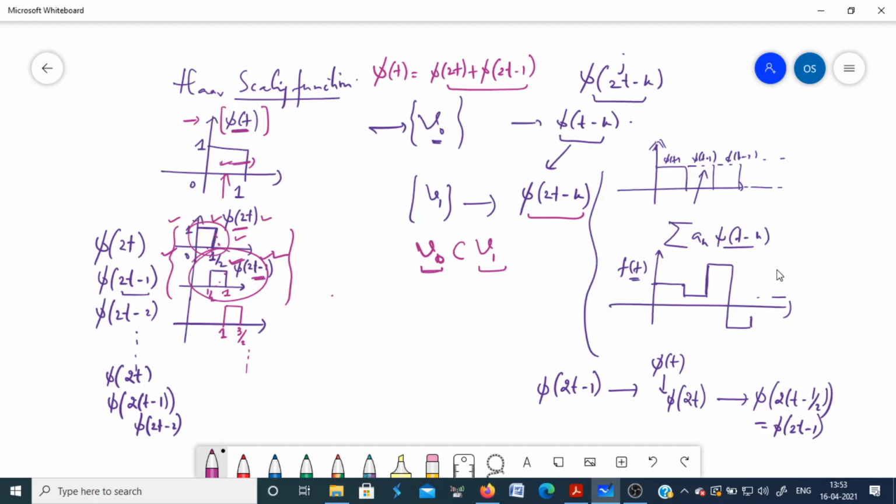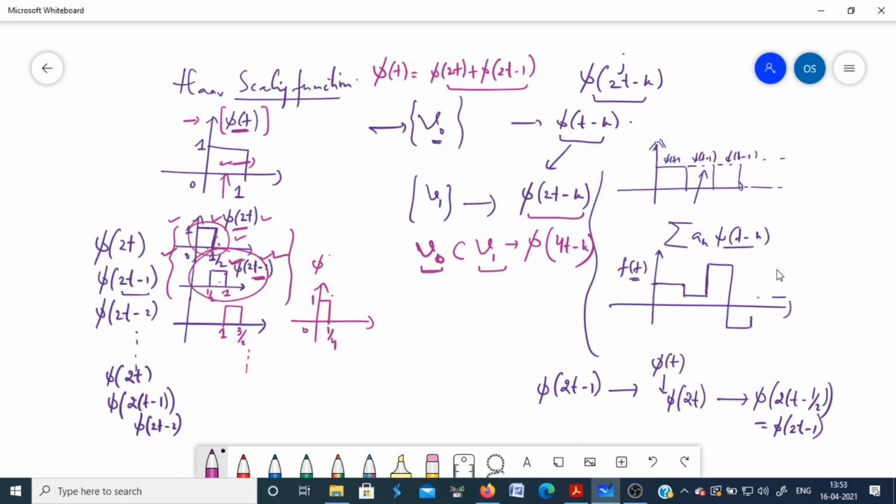And similarly, if you change the scale now, if you go to a scale of 2, you have phi of 4t minus k. So phi of 4t minus k means that now this scaling function is compressed by, no sorry, by 1/4. You will get 0 to 1 by 4.